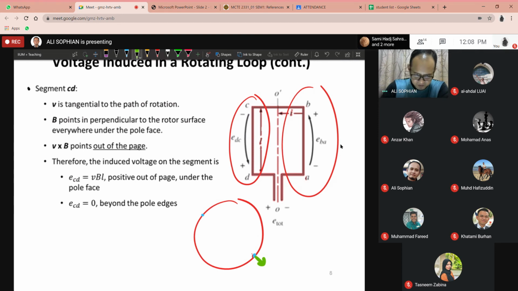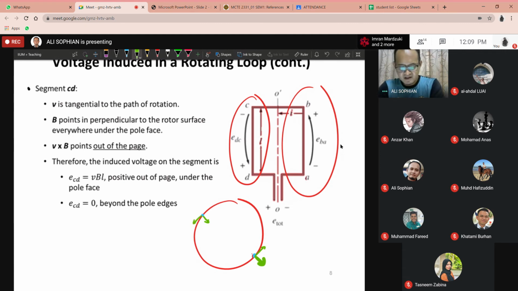Oh, okay, the B is into, which is actually the same direction in this case. The B is in this same direction actually. The V will be different. The V for segment AB was pointing this way, but now it's pointing this direction.